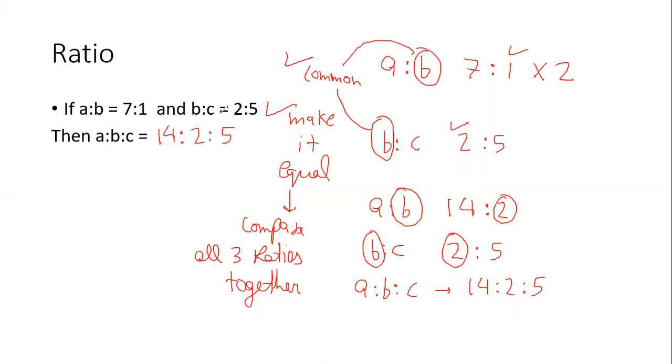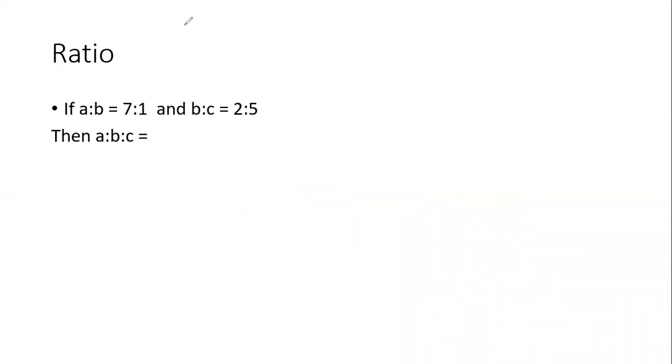So let's try to take one more example so that we understand it thoroughly. Now in this case, the ratio A is to B is 2 is to 3, B is to C is 4 is to 5.